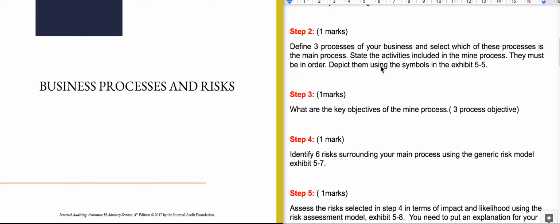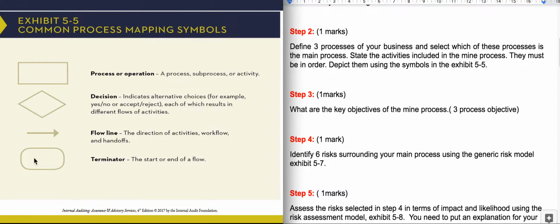Then, using the sample explained in chapter 5, let's see these samples. You need to draw the steps. For example, design. You don't need to write everything in the mapping.